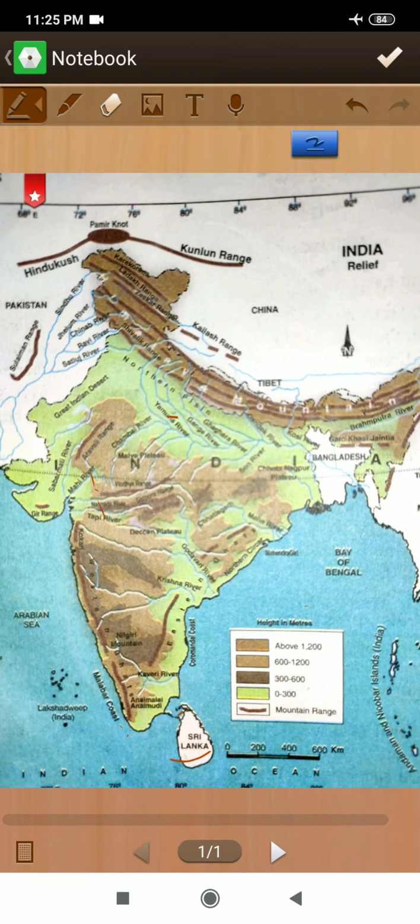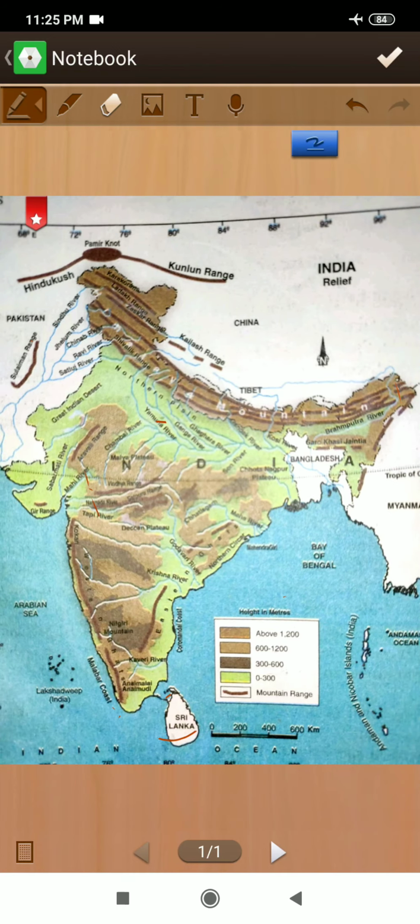There are a few archipelagos in India, and among them are Andaman and Nicobar and Lakshadweep. They are not single islands; they are groups of small islands. Here you can see dots in the Lakshadweep islands, and dots in Andaman and Nicobar. They are groups of small islands, and that's why they are known as archipelagos.